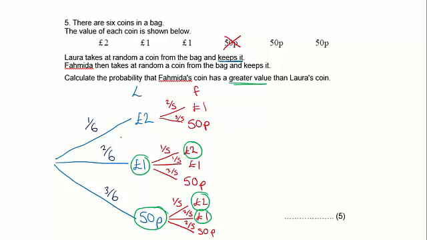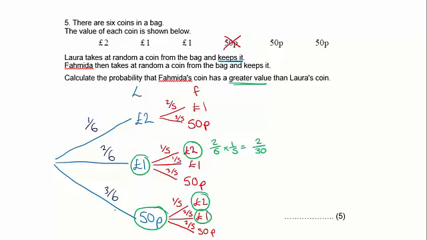So now let's work out those probabilities. The probability of Laura picking £1 is 2/6, and the probability of Famida picking a £2 after that is 1/5. Remember you multiply as you go along the branches. I'm going to do that down here actually. So the probability of that happening is 2/6 multiplied by 1/5, which gives you 2 out of 30.